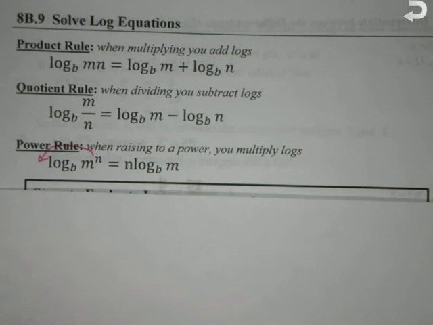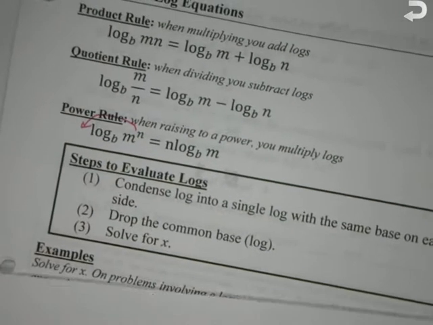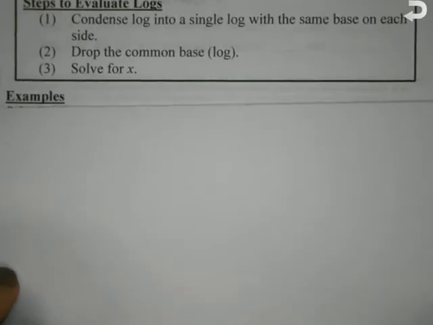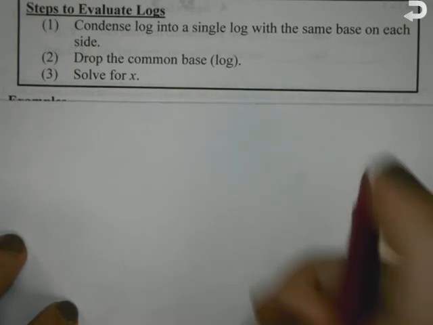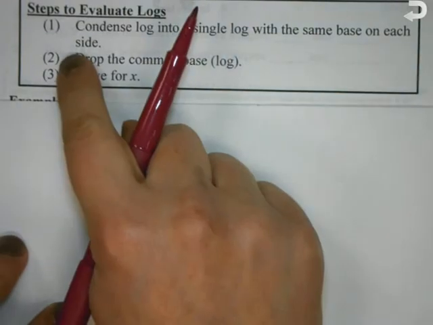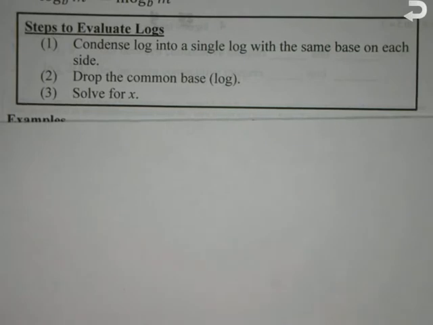So we do have some steps to evaluating log equations. First, we condense each log into a single log with the same base on each side. So we're going to have a log equal to another log.